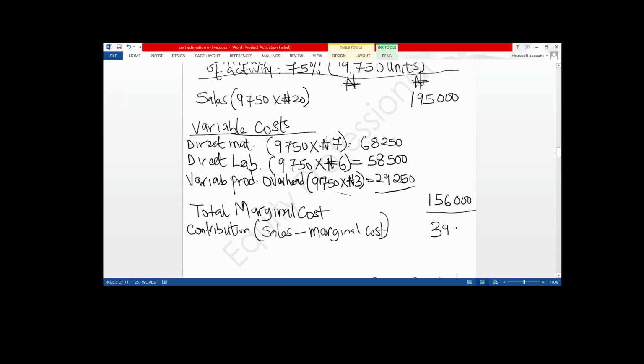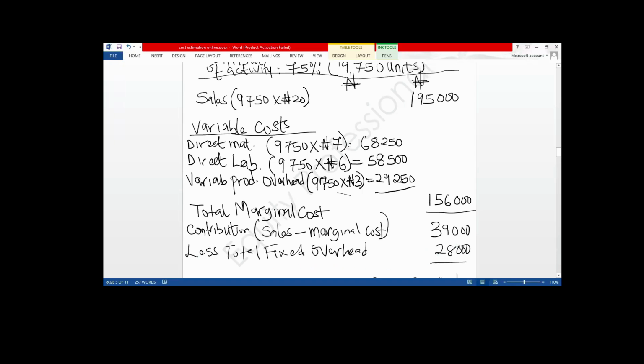You have calculated marginal cost. Next, calculate your profit. Profit is contribution less total fixed overhead. What is the total fixed overhead, please? 28,000. You can now get your profit.